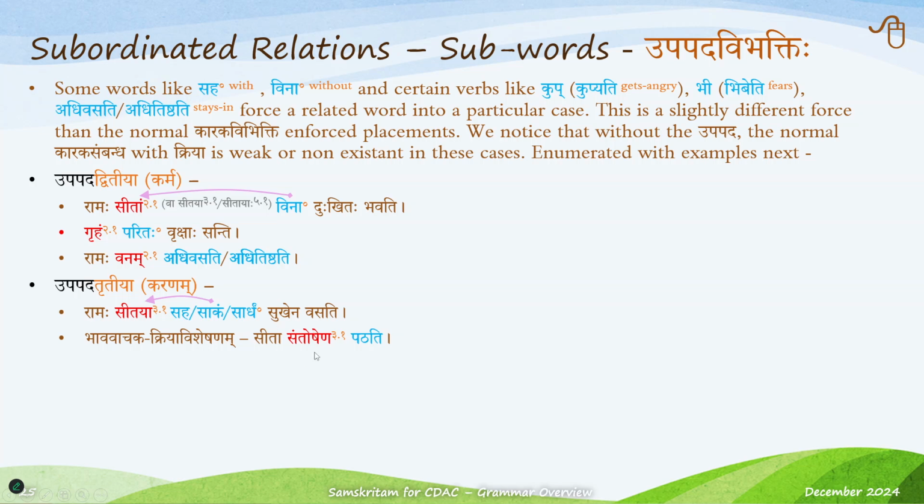Because the sa prefix has already introduced the with sense, the tritiya pratyaya ena is not needed, which brings the with force here. Right? The with force comes with sasantosha. So now upapada dvitiya comes in. Sita sasantosham pathati, like that. That's also kriya visheshana, but the force is different because the tritiya force of with is not needed. Sa brings that in, so we take the dvitiya sambandha there. So okay, Sita sasantosham pathati.